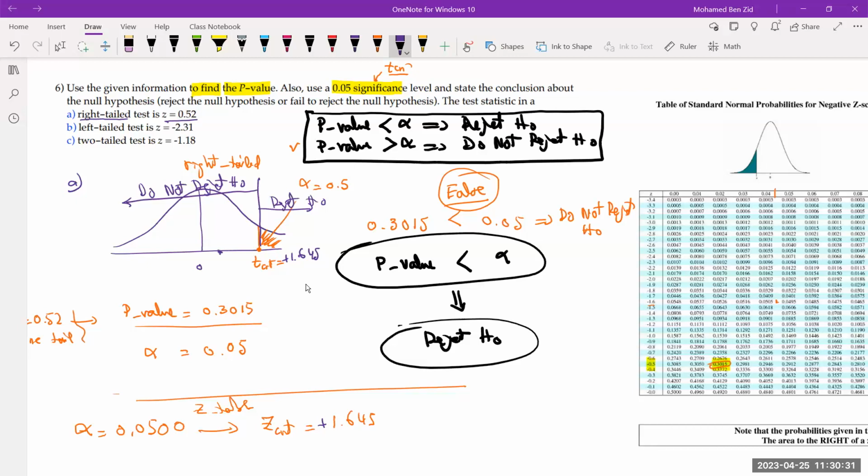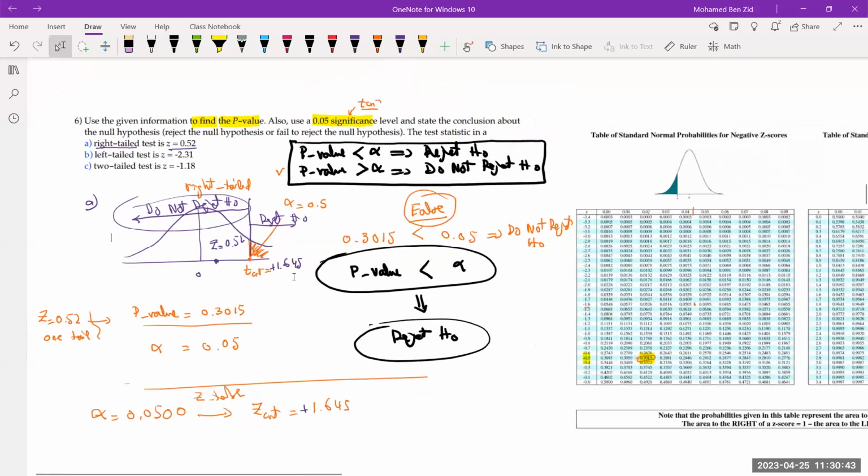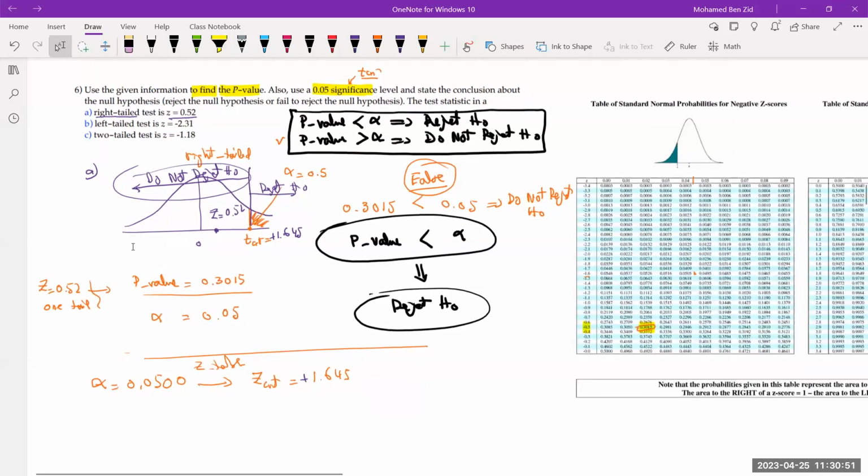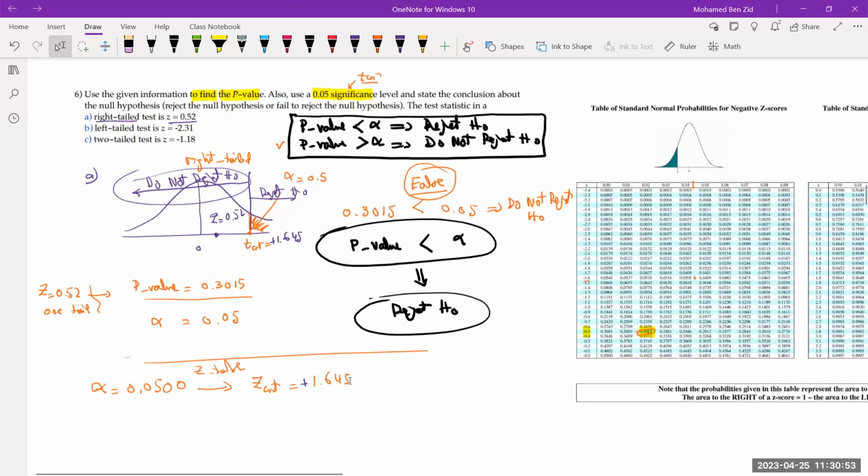And because the statistic value, z, is equal to 0.52, there you go. You get your conclusion again: do not reject. All right, I hope this is clear. The remaining is the same thing, so you have to do exactly the same way, right?